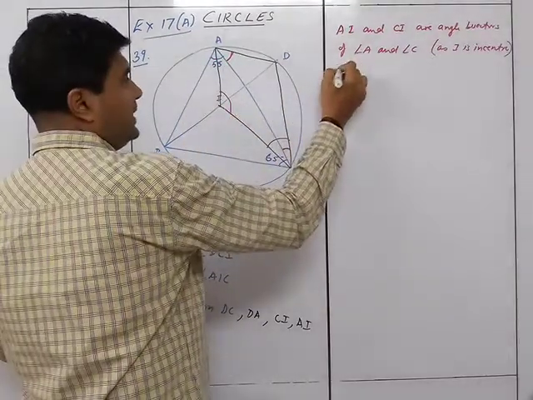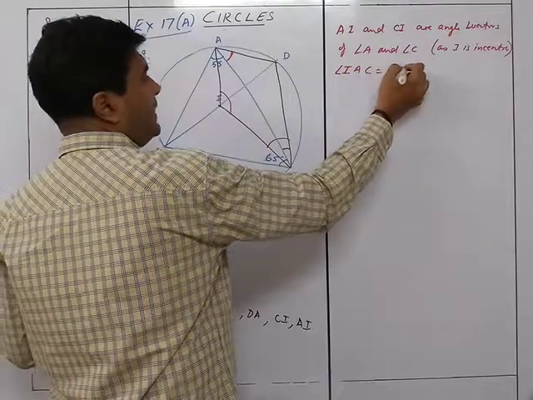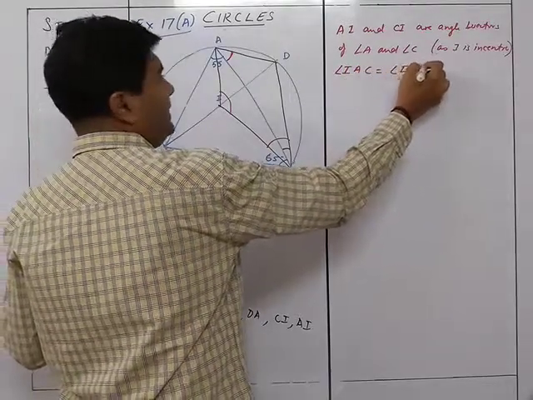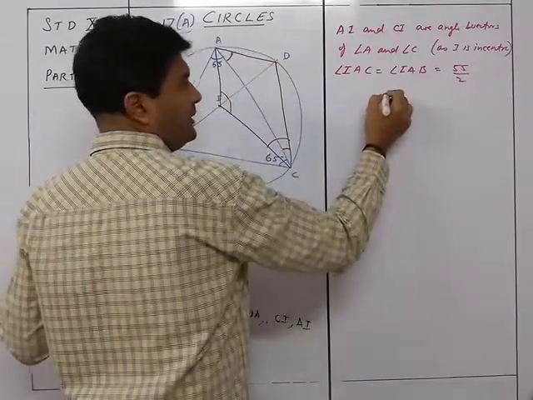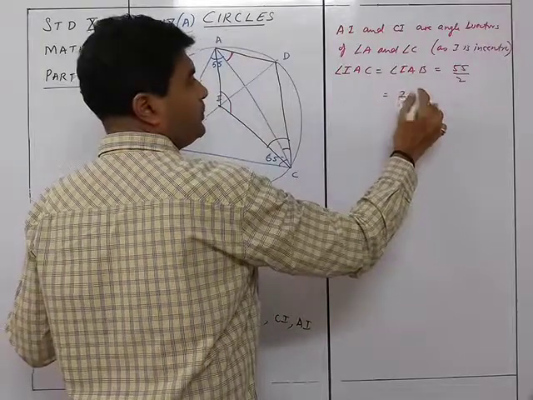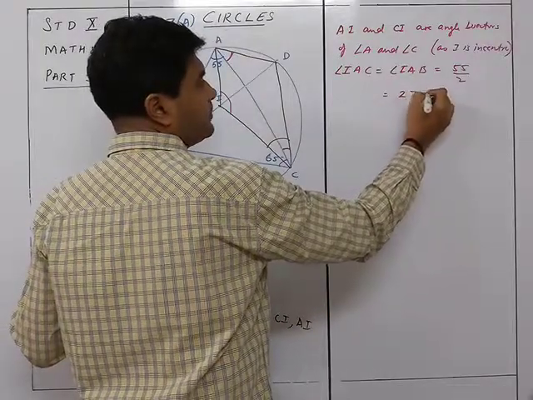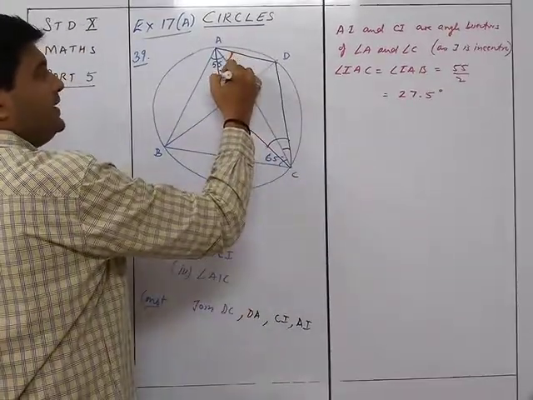So angle IAC is equal to angle IAB is equal to 55/2, which is 27 and a half. Okay, this angle is 27.5.